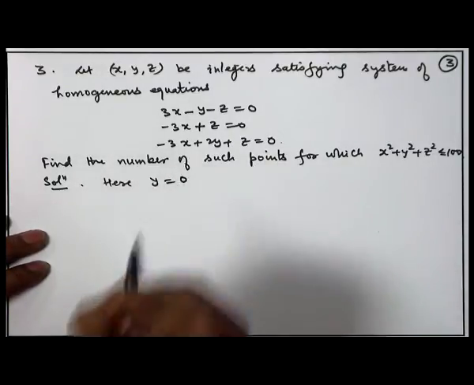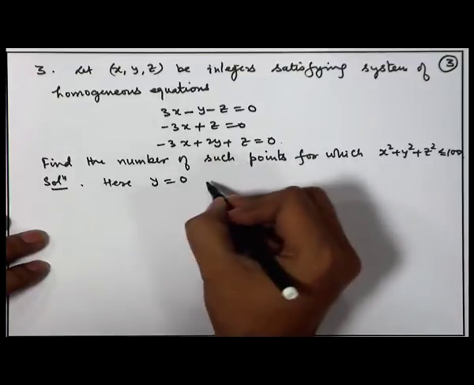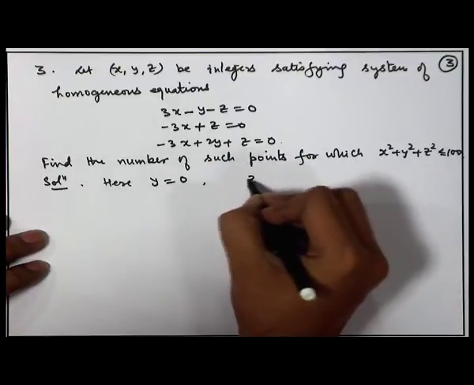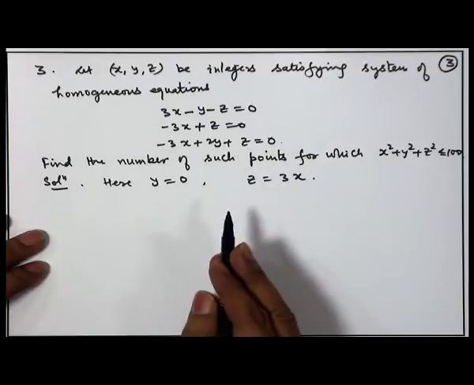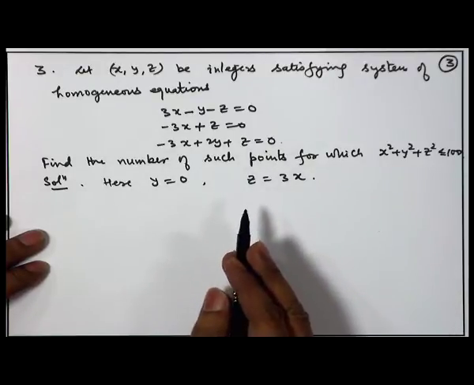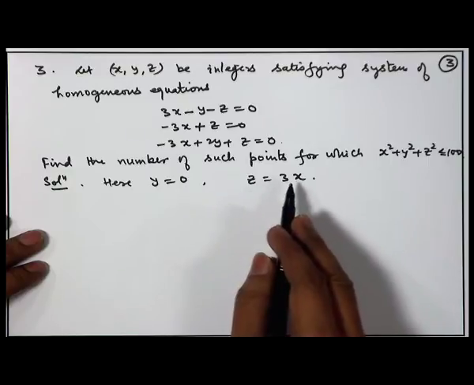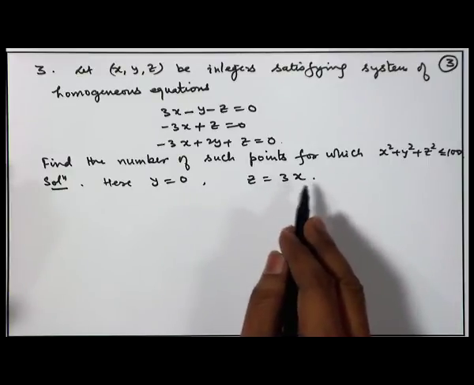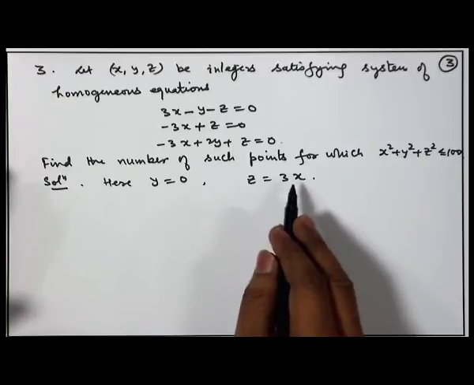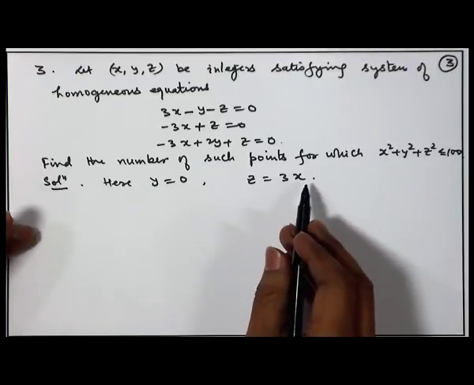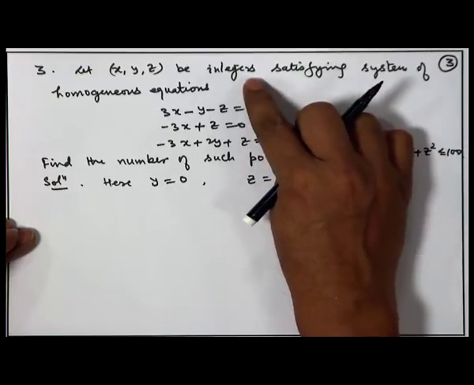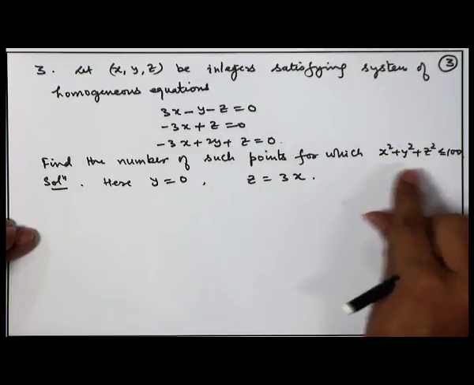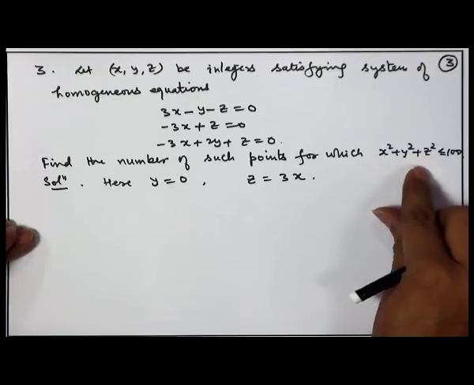Now, if you put y is equal to 0, then we get z is equal to 3x. So, you actually have an infinite number of solutions in general, if we can allow all the values of x and z. But here we have the condition that they are integers as well as the sum of squares has to be less than or equal to 100.